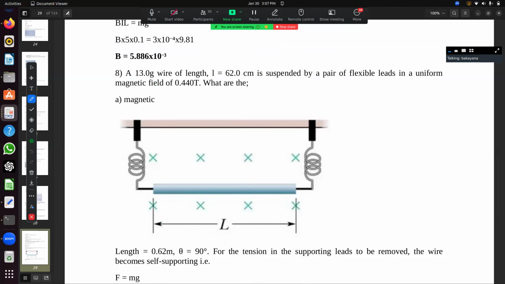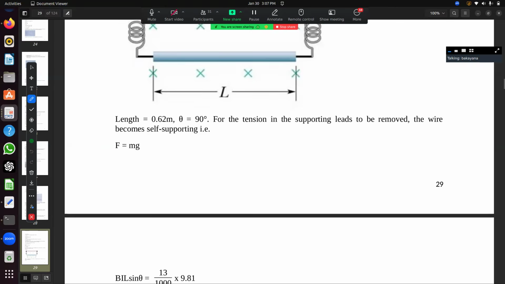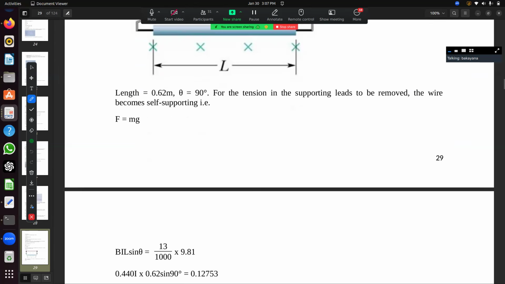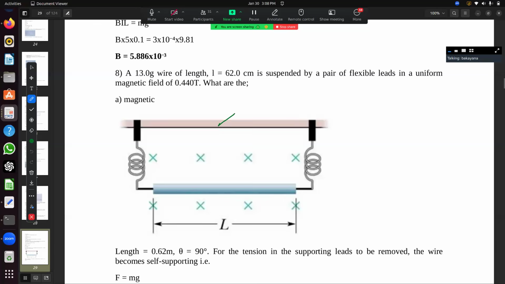springs. Okay, so we have a 13.0 gram wire of length that is suspended by a pair of flexible leads in a uniform magnetic field. What are the magnetic fields? Maybe we can have a look at this one, but the application still remains the same.